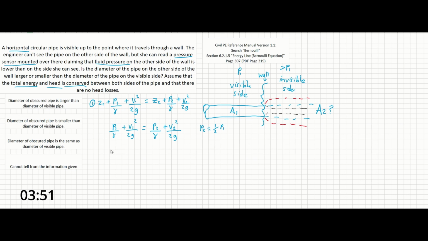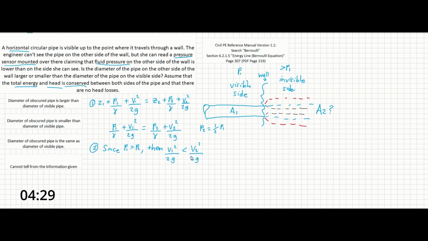So what we can tell is, since P1 is greater than P2, if the total head is going to be conserved, which is mentioned here, then V1 squared over 2g has to be less than V2 squared over 2g.